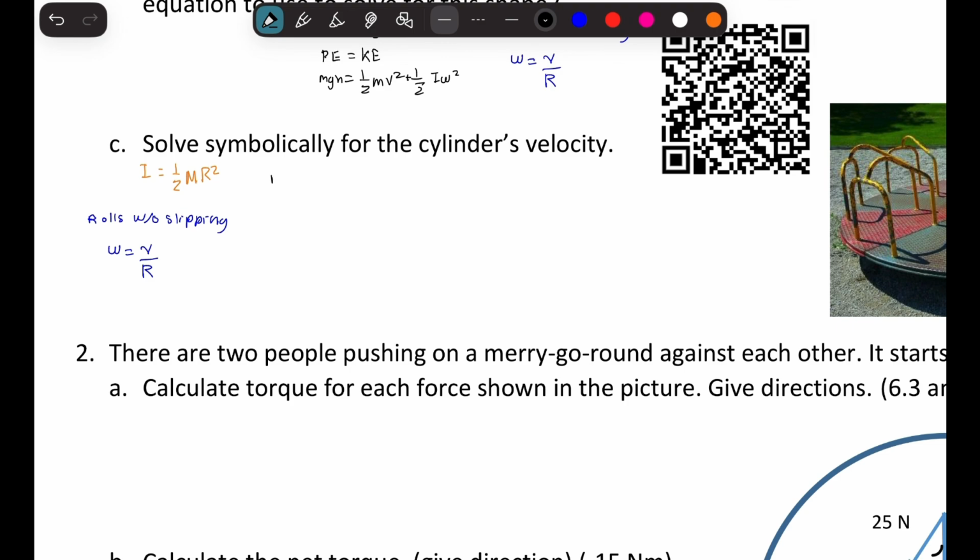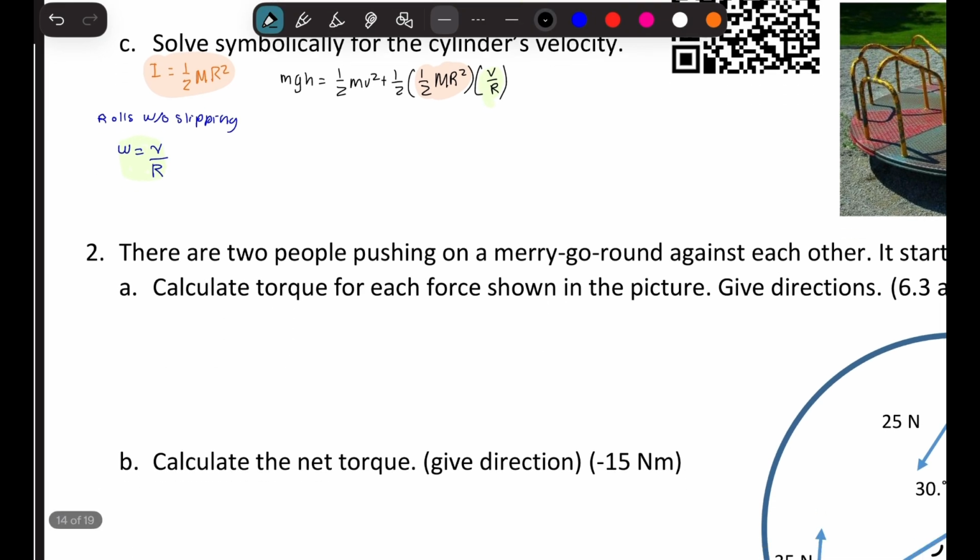So we write mgh equals 1/2 mv squared plus 1/2 times 1/2 mr squared times omega, and omega is defined as v over r. That's the rolling without slipping equation, so we can use that.